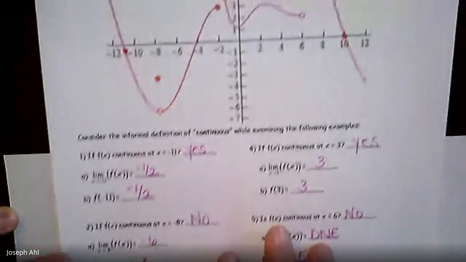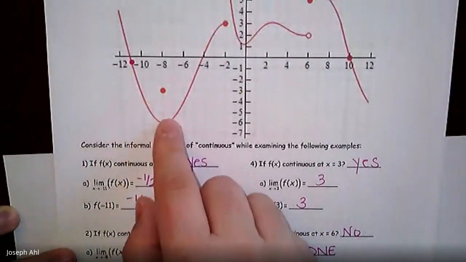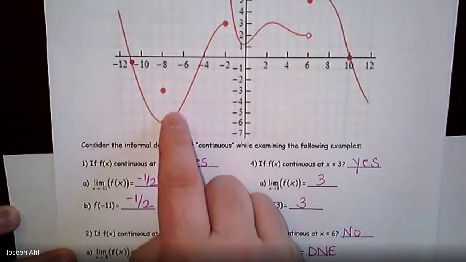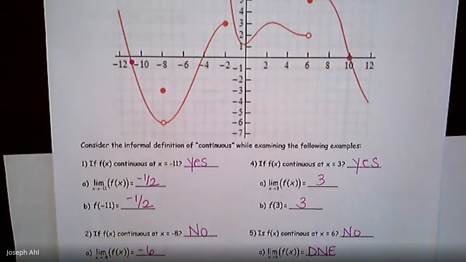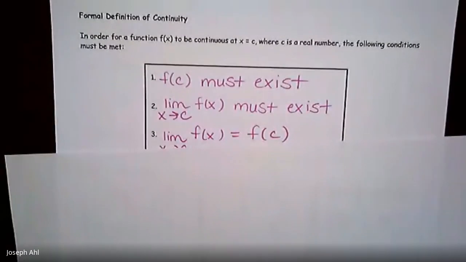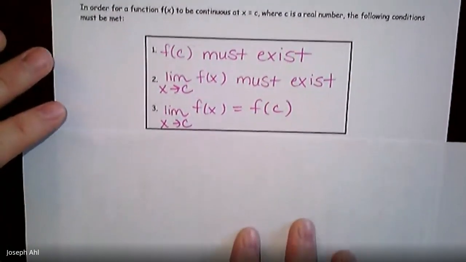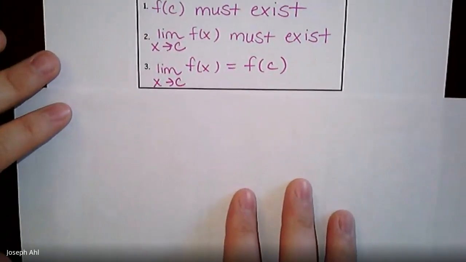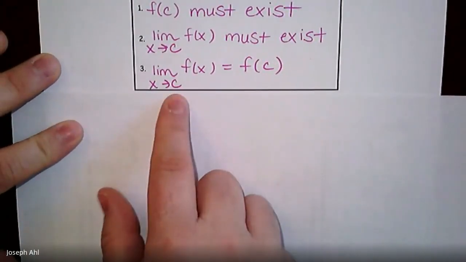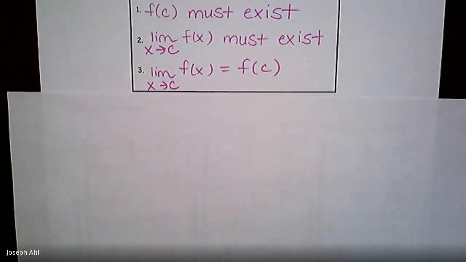And I think that really is pretty clear looking at the graph. At x equals -8, I've got to jump up here, fill that in, keep on going. So hopefully that's a good example to model that last case that has to be true in order for a function to be continuous. The limit as x approaches that value c that we want to be continuous at has to equal the function value at c.